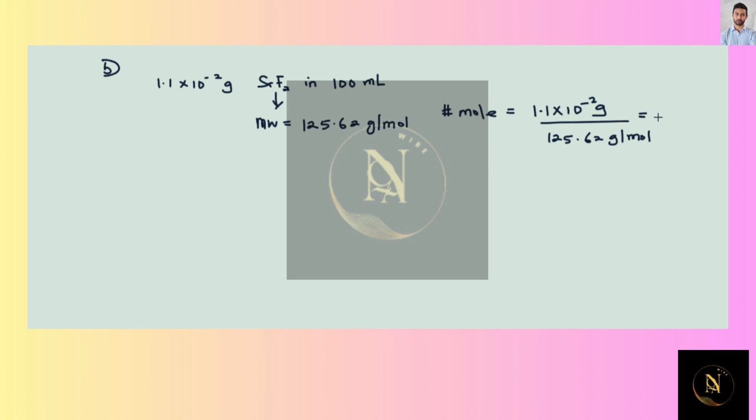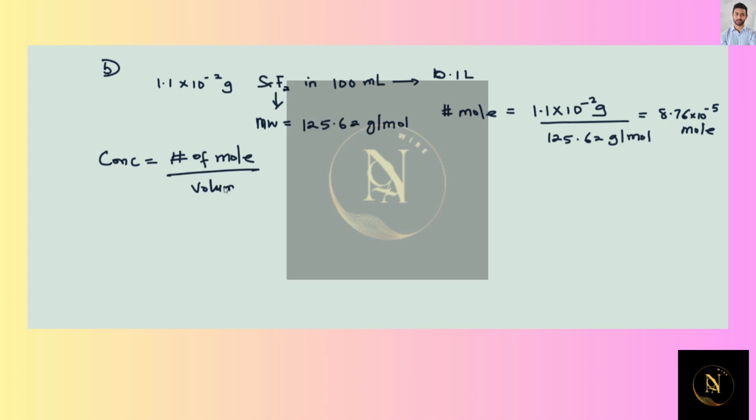This would give 8.76 times 10 raised to the power minus 5 mole. We can then calculate concentration because we are given the volume, but we need to convert this volume to liters. So this would be 100 divided by 1000, because 1000 milliliters is equal to 1 liter. Therefore, 100 milliliters would be equal to 0.1 liter.